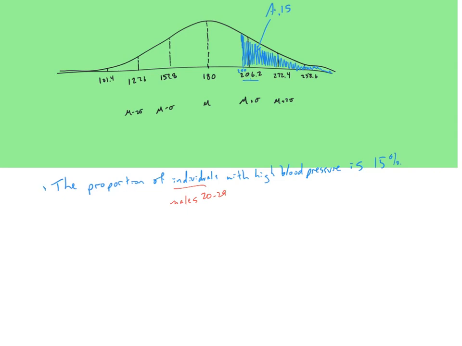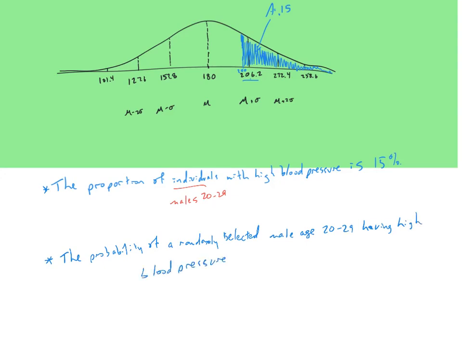That's one interpretation. Okay, then the other one is using the word probability. The probability of a randomly selected male age 20 to 29 having high blood pressure is 15%.